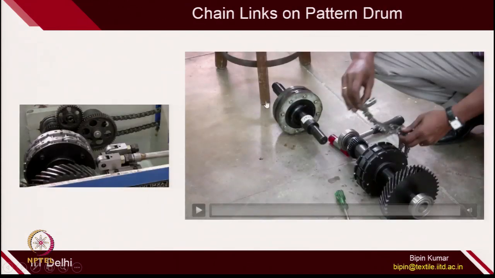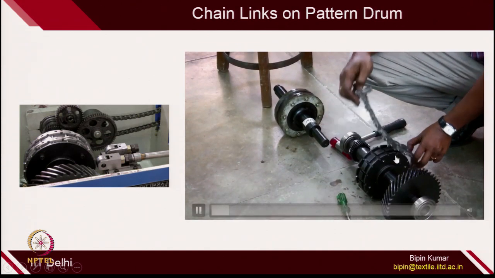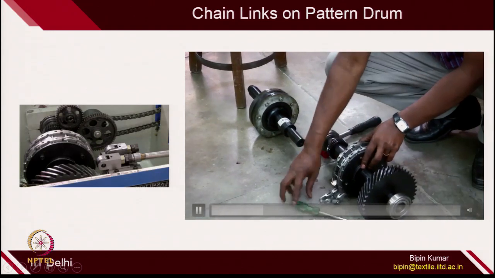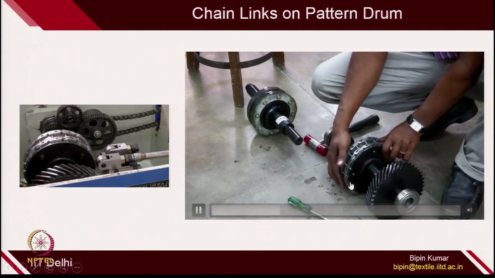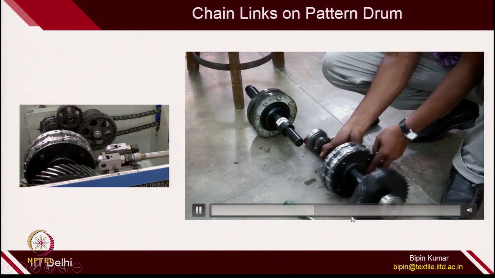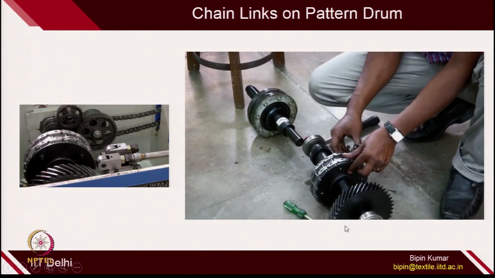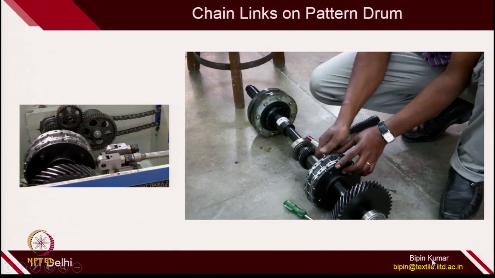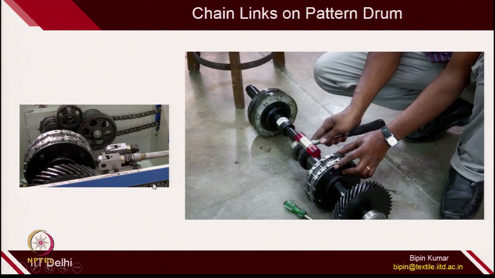Once you arrange the chain links, you can put them on the drum. So, this is the drum. This is how you put the chain links of a 2 bar structure on the drum, and once this is fixed, you can take this pattern drum and put it on the machine.